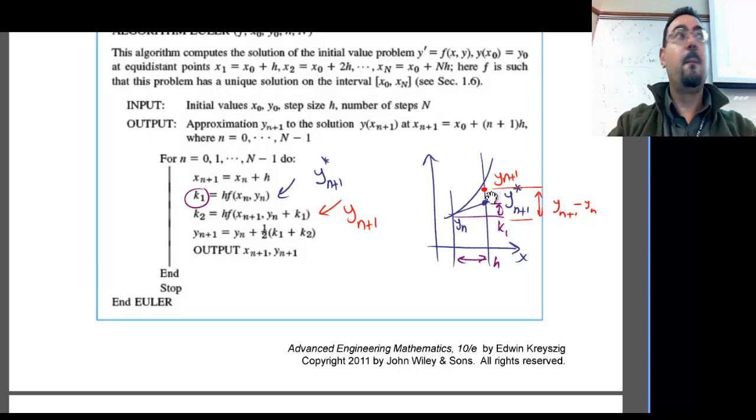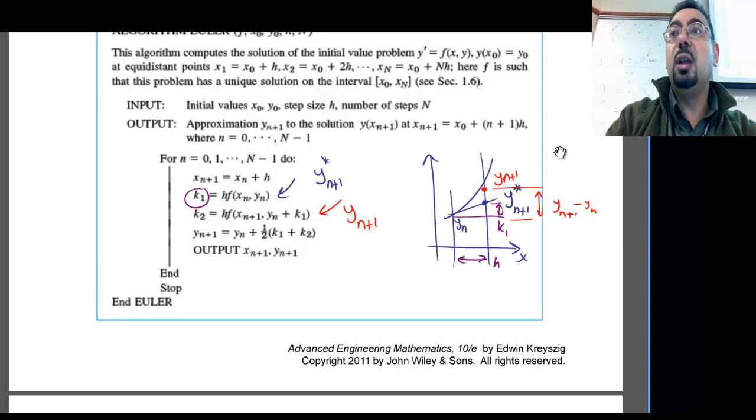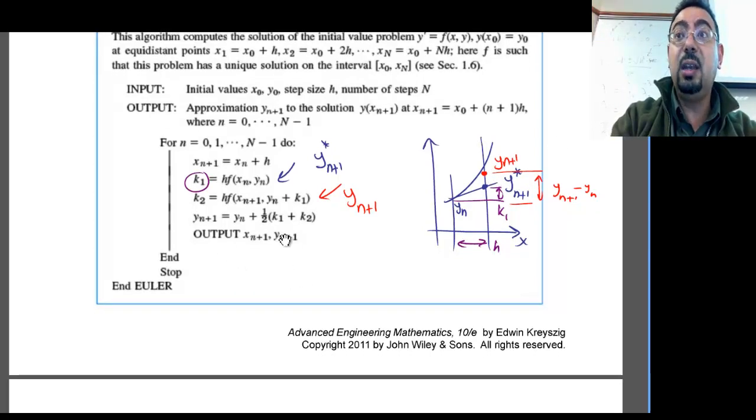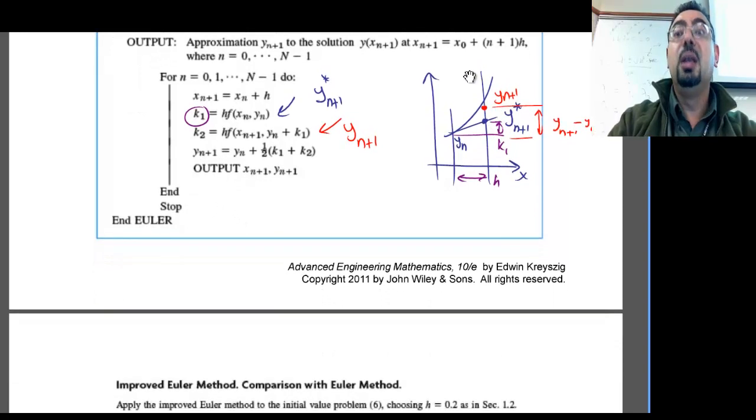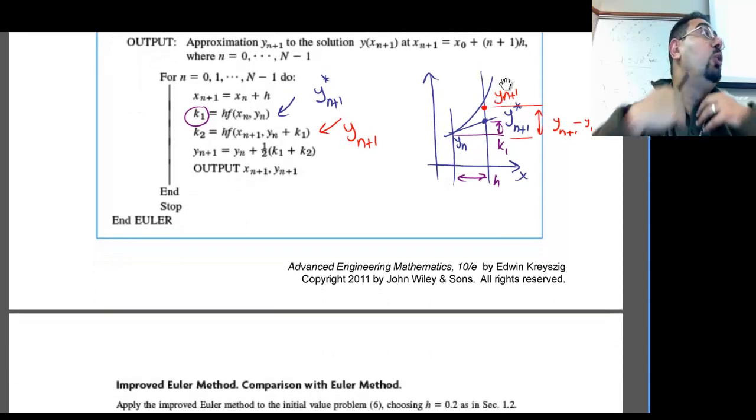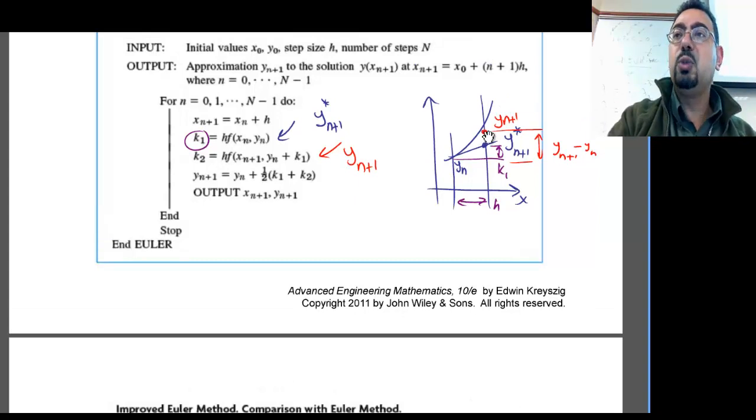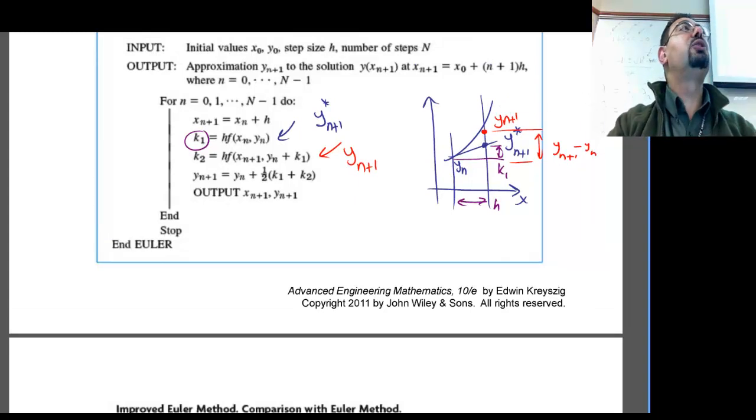If you want to go again, what would you do next? Now this yn plus 1 is your new yn, and you start again from it, calculating yn plus 2 star, and you fix it to get the actual yn plus 2.